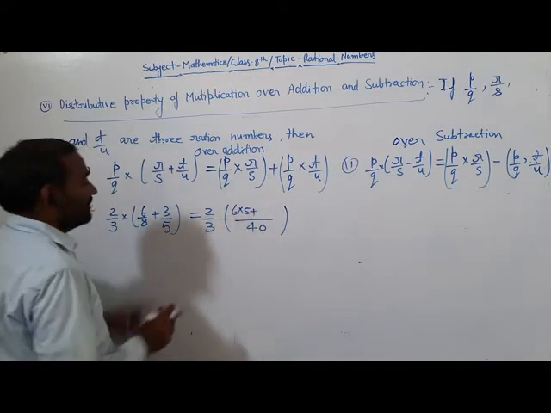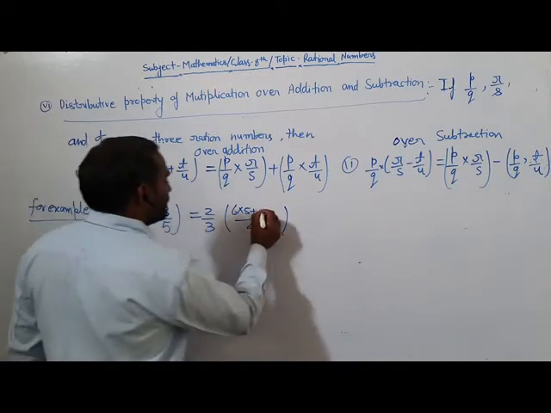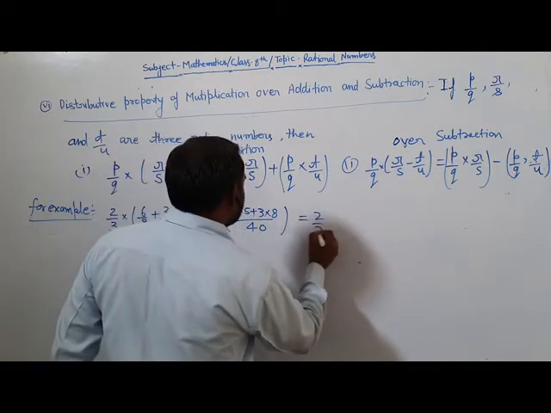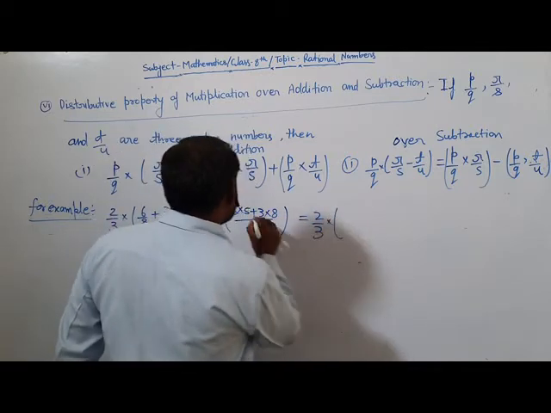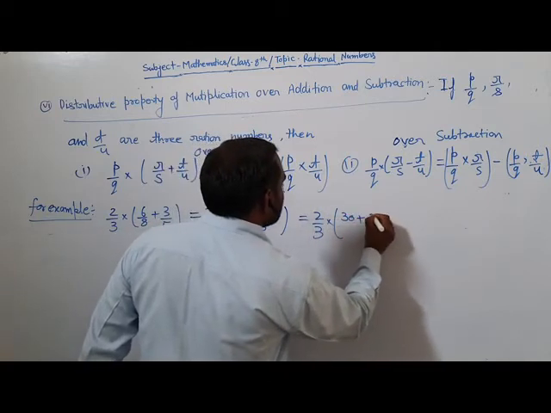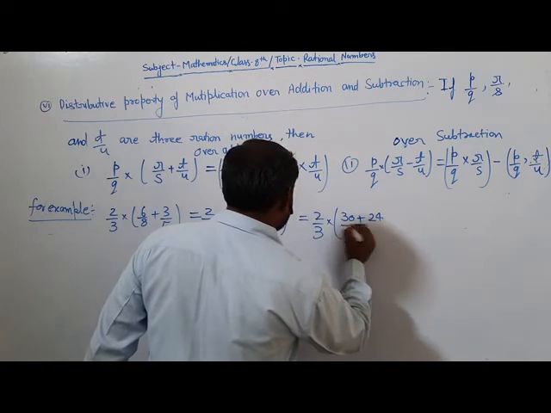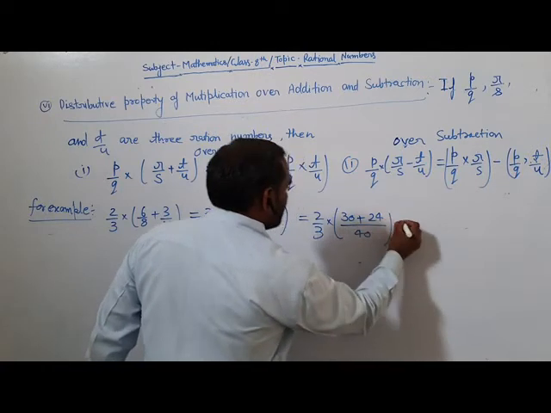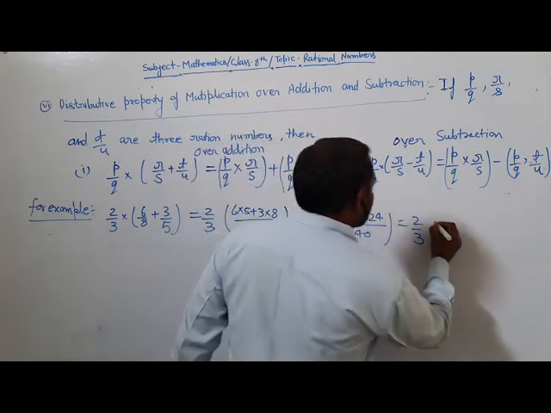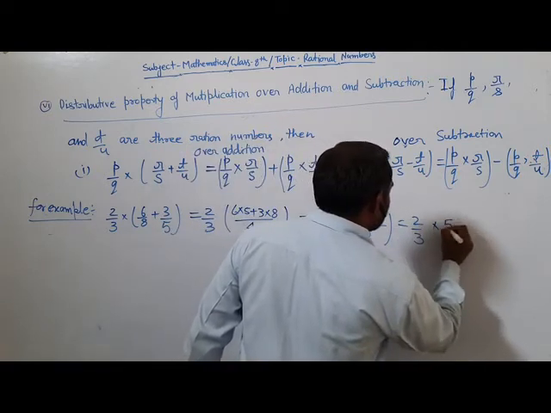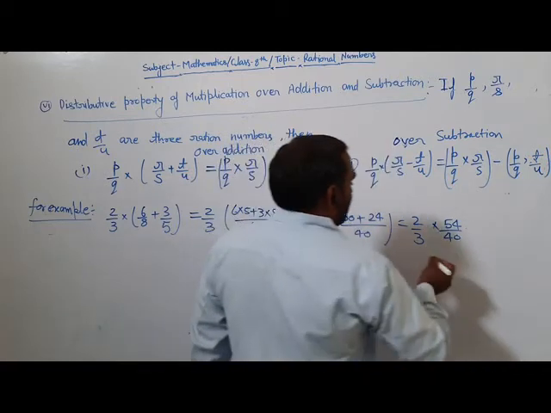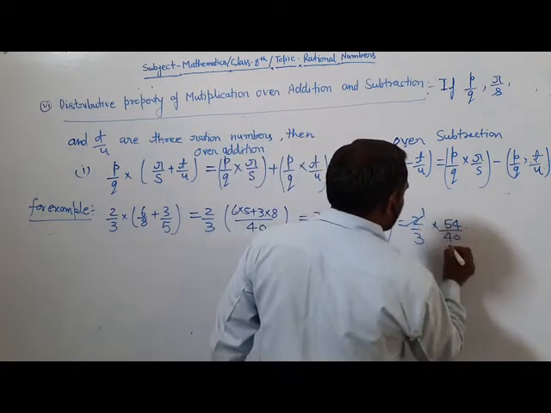Plus divide 40 by 5, we get 8, 8 times 3 is 24. Now 2 by 3 into 30 plus 24 by 40 is equal to 2 by 3 into 54 by 40. 2 ones are 2, 2 twos are 4.